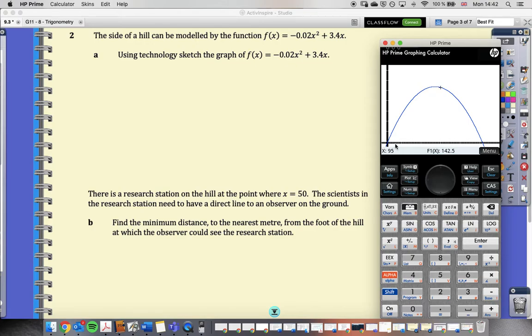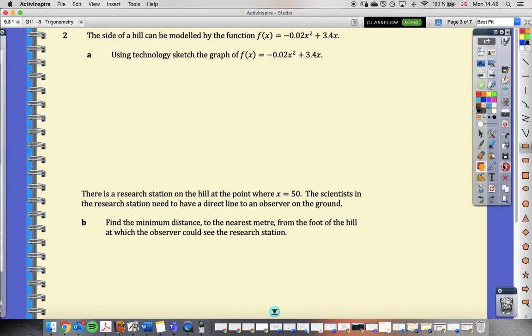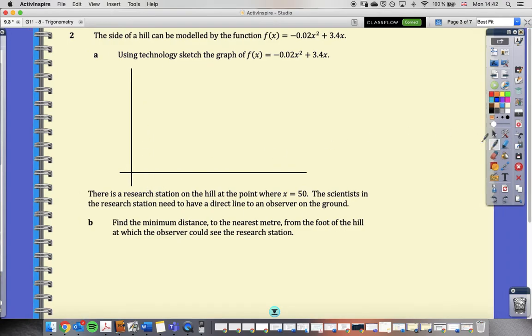So if I'm doing a sketch, I should probably put in some information. It'd be good to know roughly where this x-intercept is. So onto root, it's at 170. And it'd be good to know where the top is. So 85, 144.5. Okay, so I'm going to try and put that information in a little sketch now. This is going to be interesting.